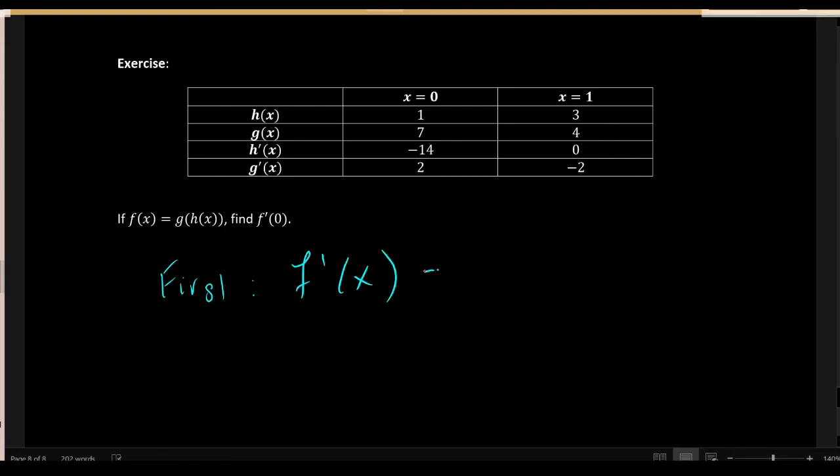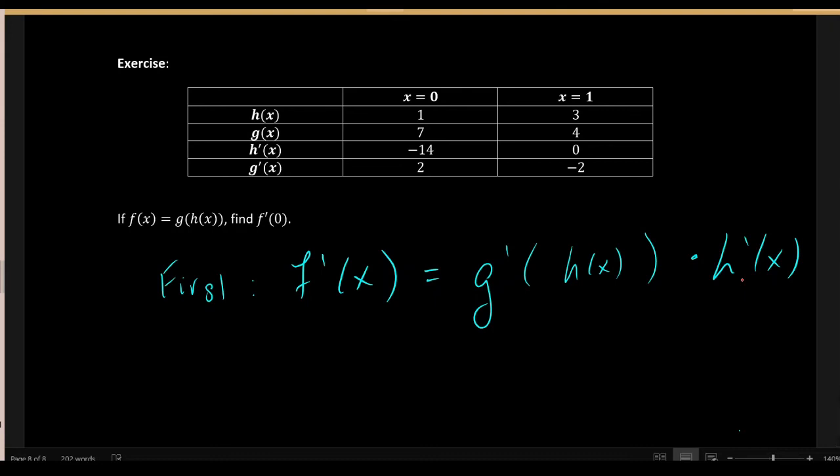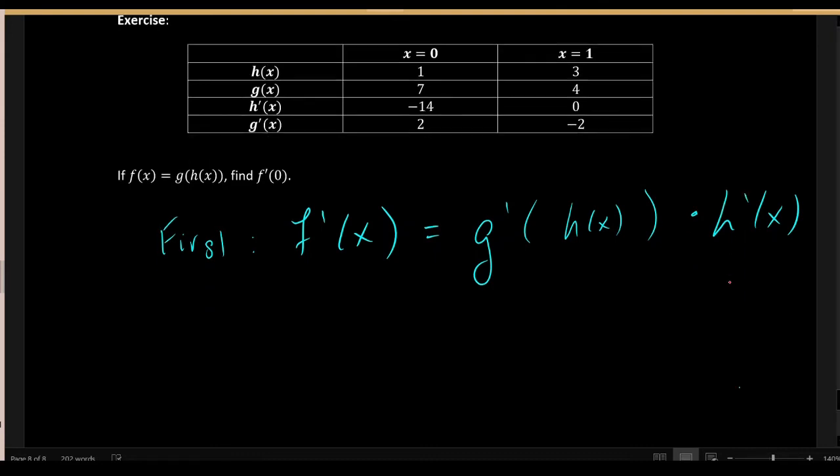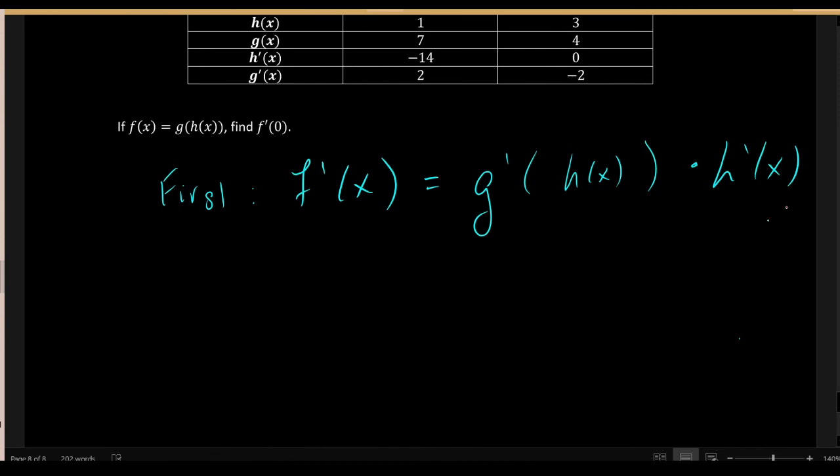That formula is given by the chain rule itself: g prime of h of x multiplied by h prime. If I want specifically the derivative at 0, now all I have to do is plug 0 into this equation.